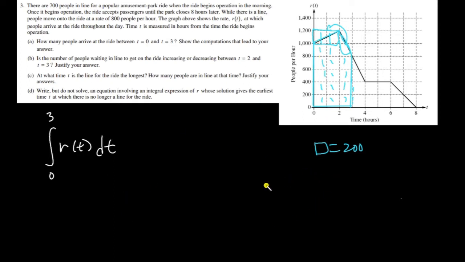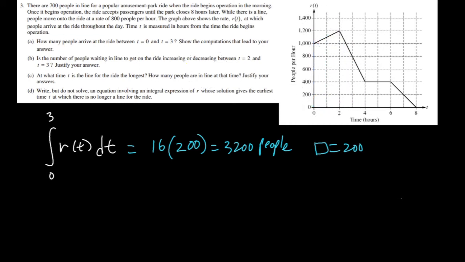So the computation would be 16 boxes, and each box represents 200 people. So that's going to be 3,200 people.